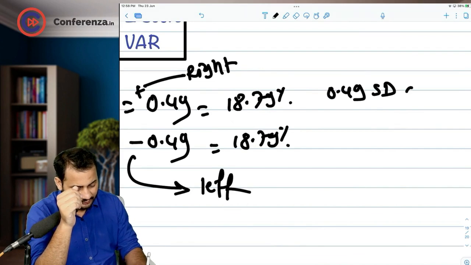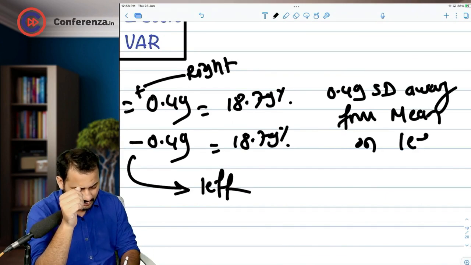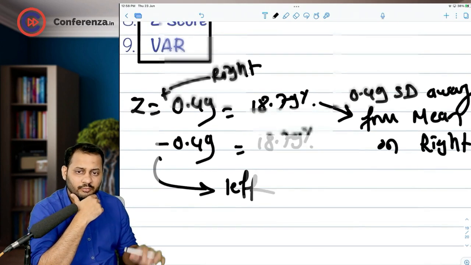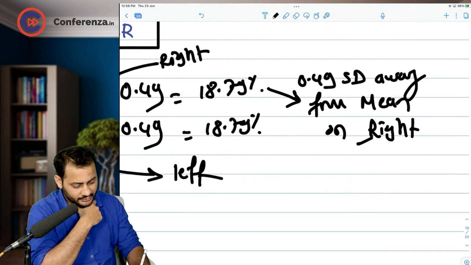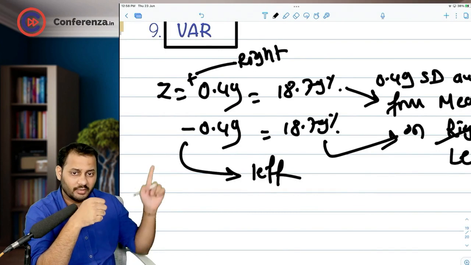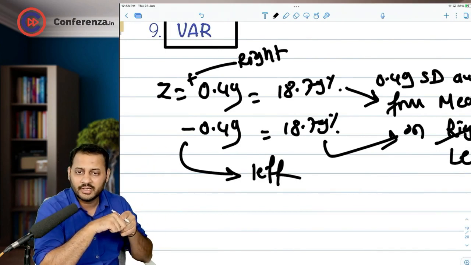I will just write it here: 0.49 standard deviation away from the mean on the right. On the right side, this is the example, positive 0.49. If I want to calculate on the left side, this will be the example, minus 0.49. The answer will remain the same, 18.79%.